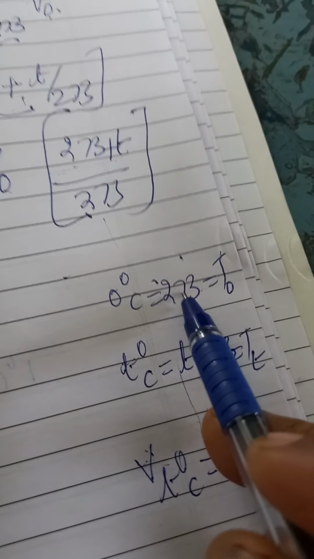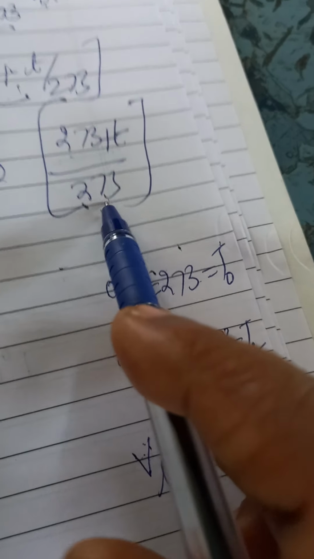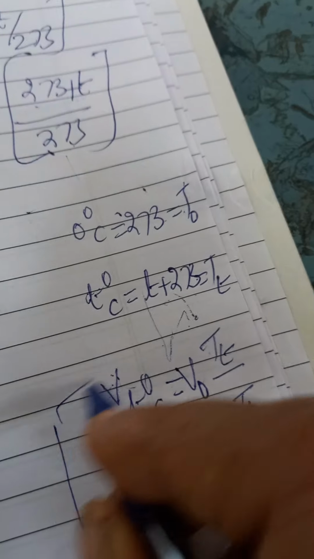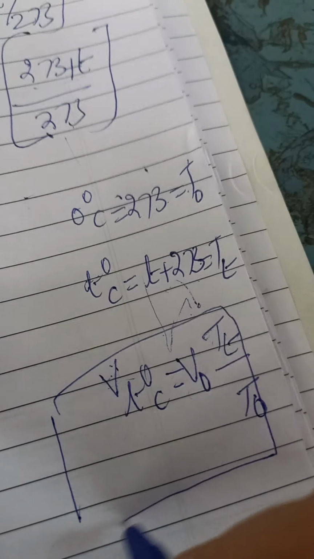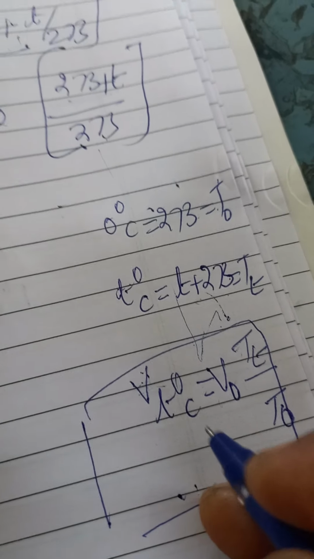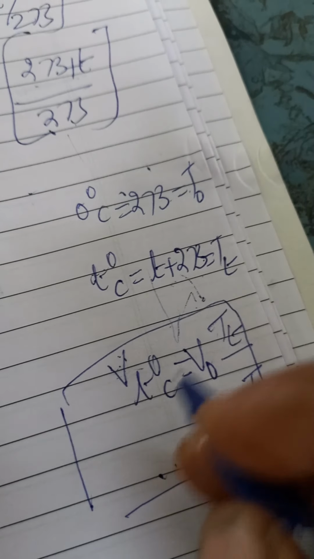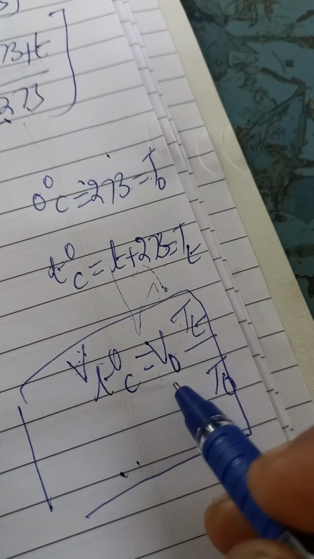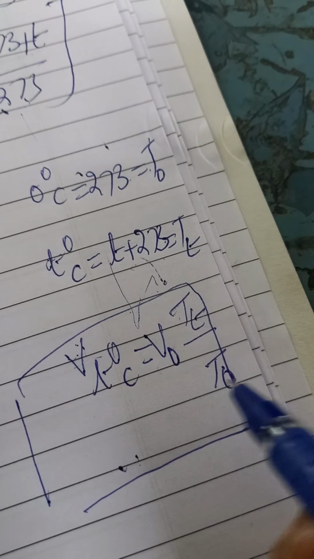T0 is equal to 273. Substitute this. Now simplifying, this is the final equation: volume at T degree Celsius is equal to V0 into Tt by T0.